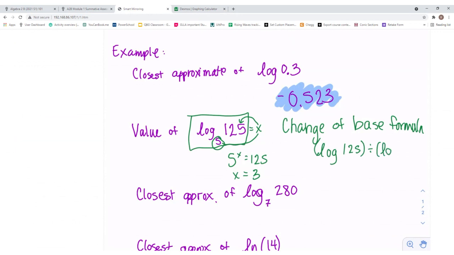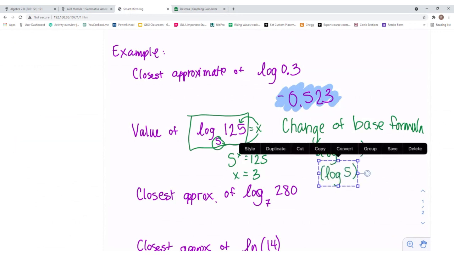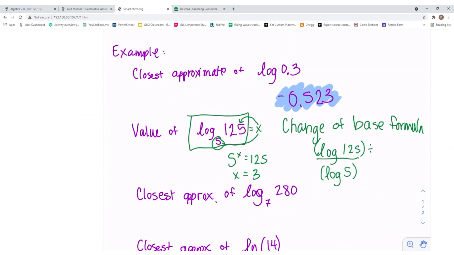Because remember, that base is heavy, it's deep, it's below everything else, and it's going to stay in the denominator. I could rewrite this as log of 125 divided by log of 5. And then if I type that in, I would also get 3. And you can try that out on your own, which is really nice when you're doing things like this.